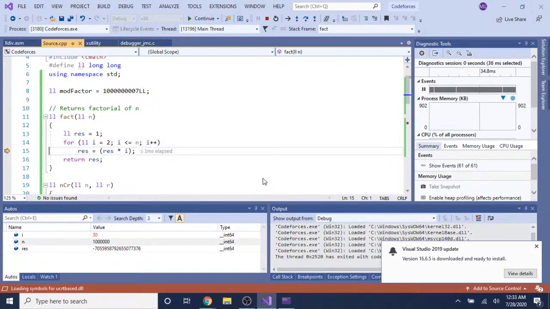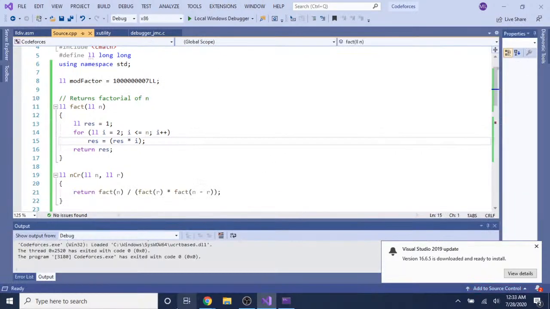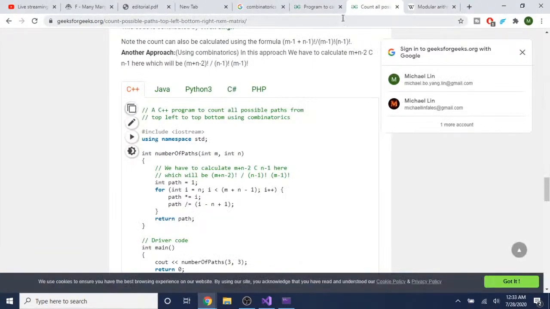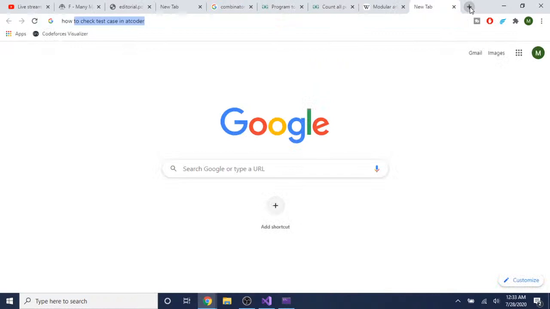It goes to negative. Okay. Oh my gosh. How to deal with overflow and factorials? We have to deal with that. Okay, let's see how to deal with overflow.